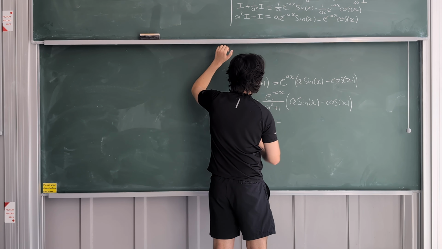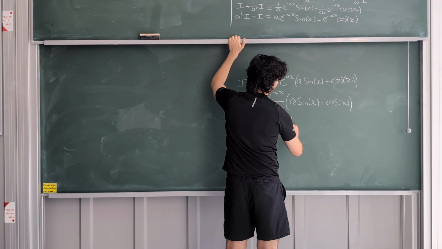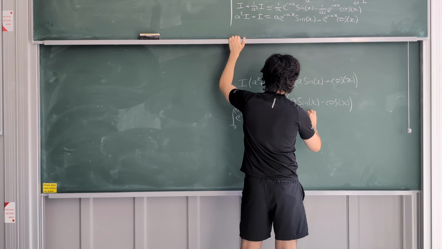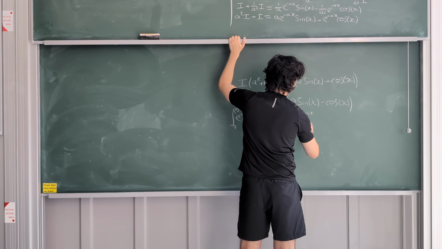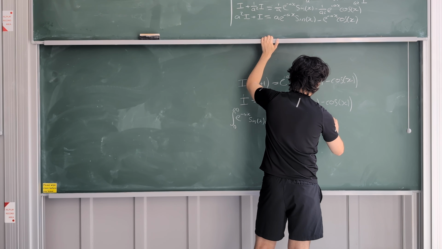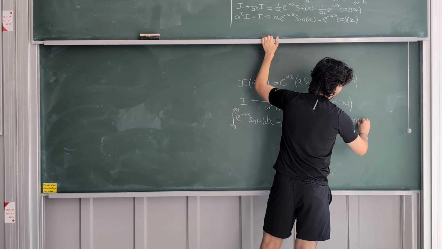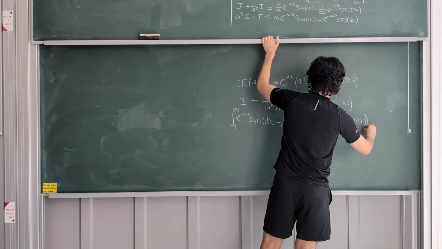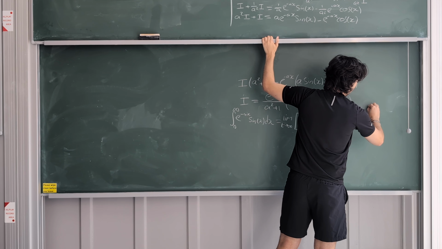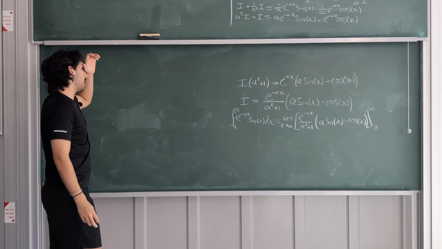That means I'm going to have to do a limit, so this is the limit as t approaches infinity of e to the minus ax over a squared plus 1 times a sine x minus cos x, with limits 0 and infinity.